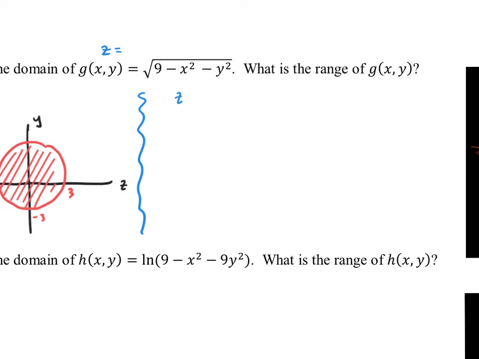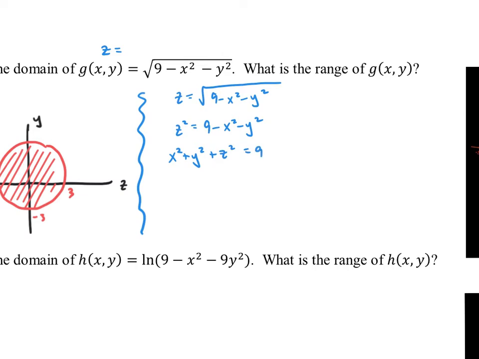So z is equal to the square root of 9 minus x squared minus y squared. And this is one that, based on our knowledge of chapters 9 and 10, we may be able to get to right away. But if we were to square both sides and just rearrange this, I think you'll see really quickly that this is a surface that we should know about because we studied it a lot. This is a sphere with a radius of 3.